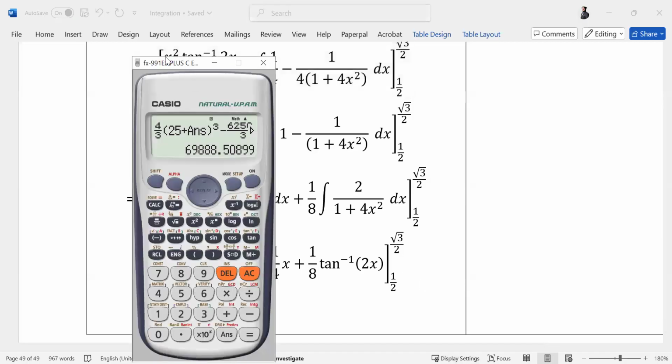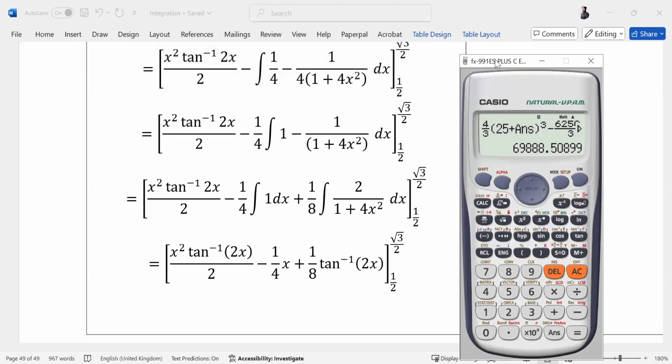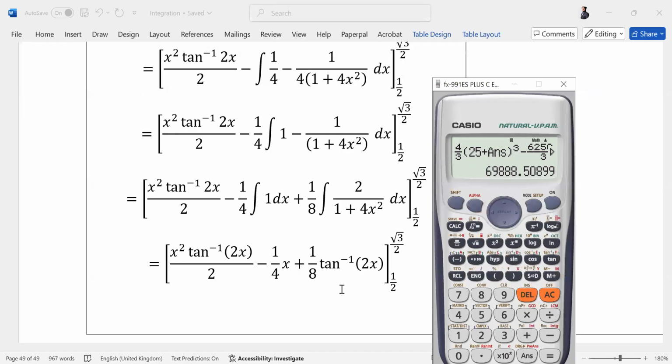Right. I've told you when you are plugging it in the calculator, put the trig part separately and the non-trig part separately. So square root 3/2 squared. You want to find the square of square root 3/2, and you're squaring the entire thing. That is 3/4.